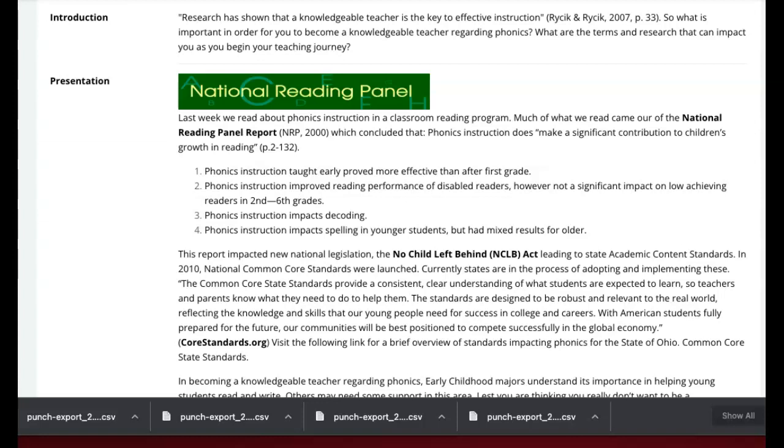For example, there's synthetic phonics, the analytical approach, the embedded approach, the analogy approach, the spelling approach, and any number of combinations thereof. It is a great deal of information, but we will attempt to make some sense of it in becoming knowledgeable teachers.